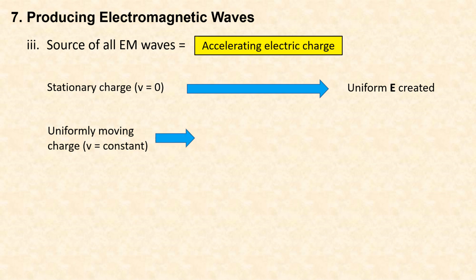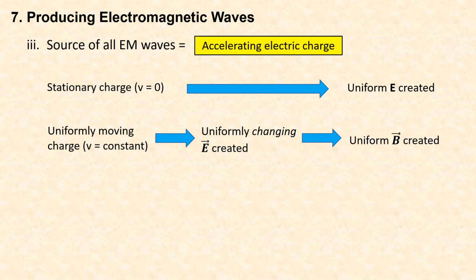Well, now we can say that the electric field it sets up is now changing in time. We have a uniformly changing electric field as that charge moves at a constant speed. And that uniformly changing electric field will create a uniform magnetic field.